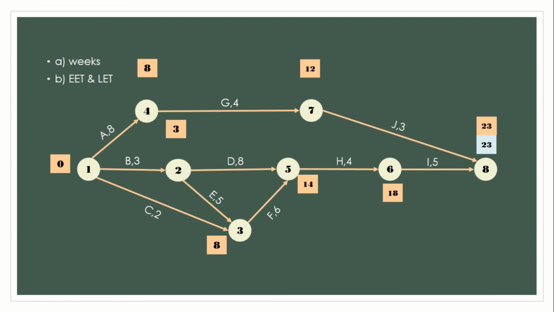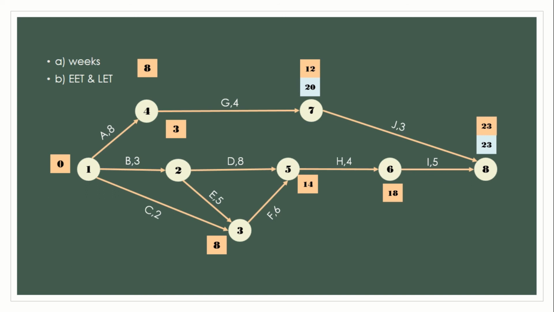So we move to the LET. To calculate LET, we should calculate from right to the left. So we put 23, same as the last EET. Event 7, we get 20 because we minus 23 and 3.